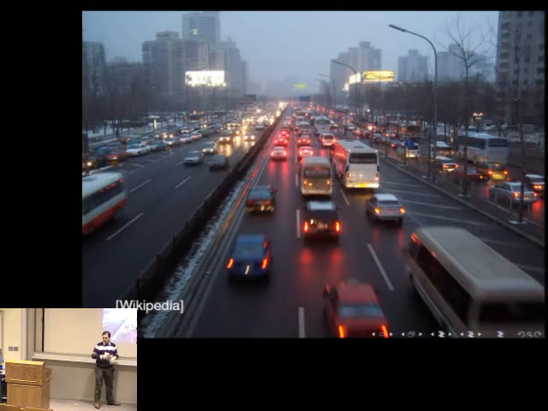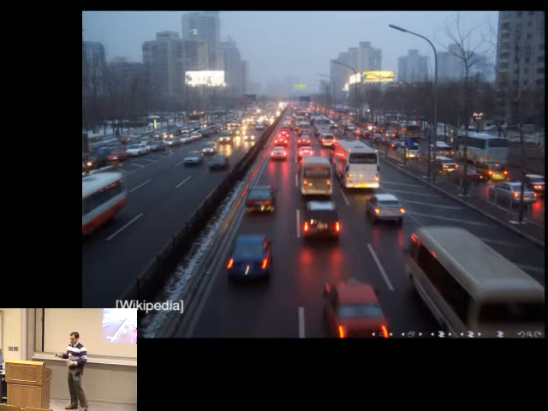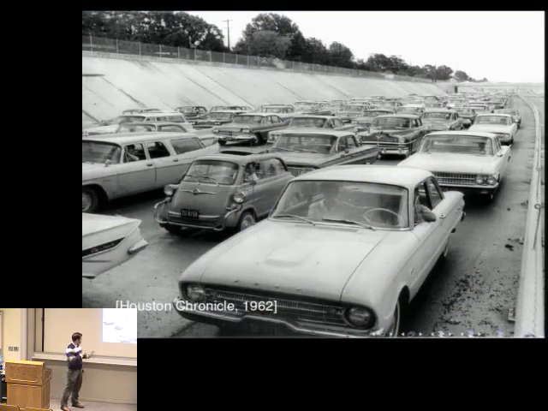If we actually look at the second derivative, they're also slowing down simultaneously so that they don't collide with the vehicles ahead of them. So there's a coupling between the motions, the velocities and the accelerations of all of these entities. And then just for fun, maybe this picture makes more sense to some people.